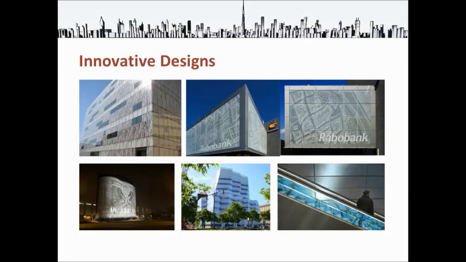So it gives an architect complete flexibility to create any kind of design onto the facade, which also in turn provides energy benefits with respect to reducing the heat gain, and also optimizing the visual comfort and eliminating visual glare.